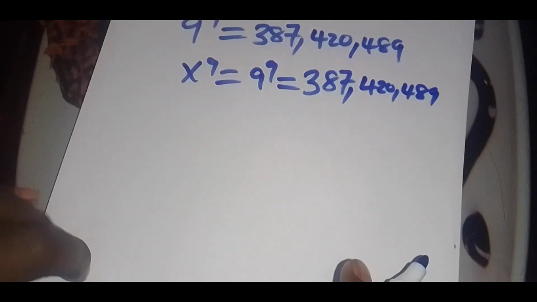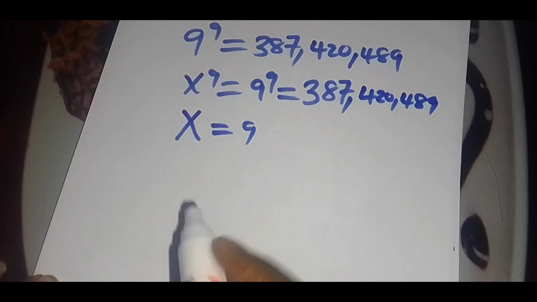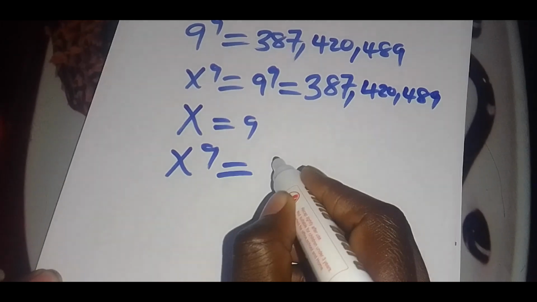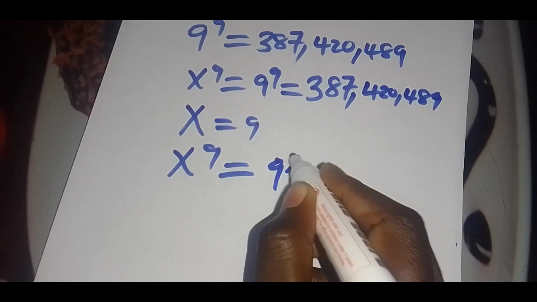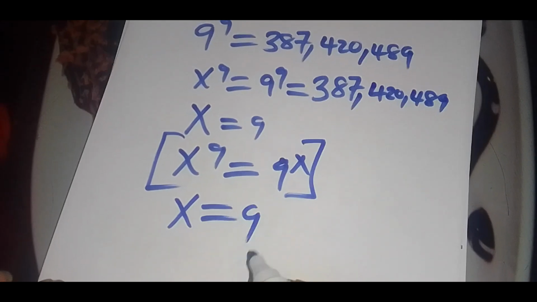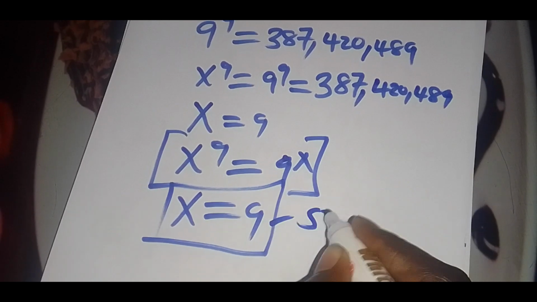So you can see clearly that when x is equal to 9, x raised to power 9 is equal to 9 raised to power x. So that means that x is equal to 9. So this is the solution.